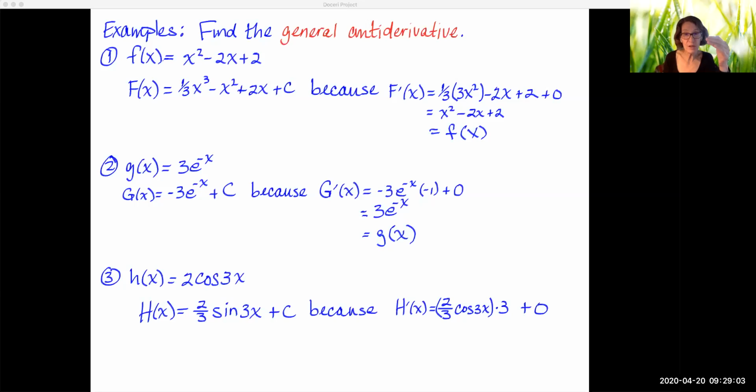So the derivative of sine is cosine, and it's positive. But then I have to multiply by the derivative of the inside. The inside was 3x, and the derivative of that is 3. And so this is 2 times cosine 3x, and that is little h of x.